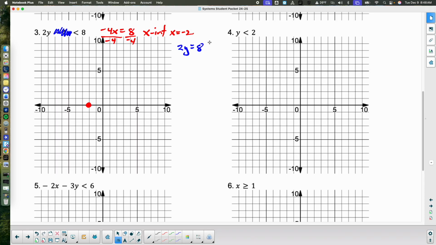How do I finish solving it for y? Divide by 2, and then my y-intercept would be y equals 4. And most of you can do that in your head if you want. You don't have to write it down. But I got the 2 points that make my line.